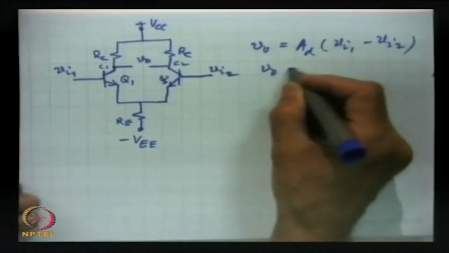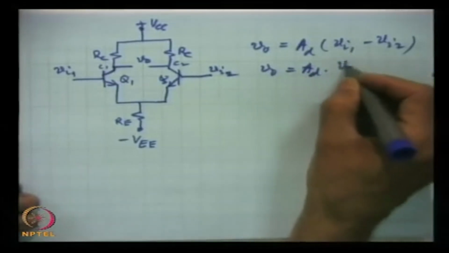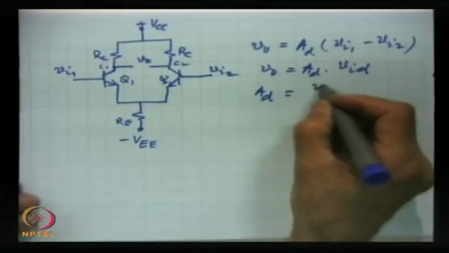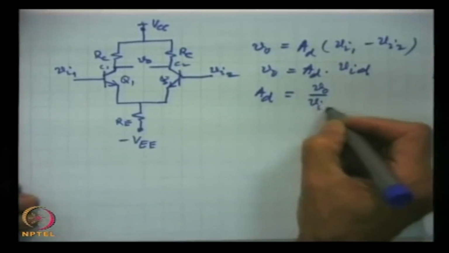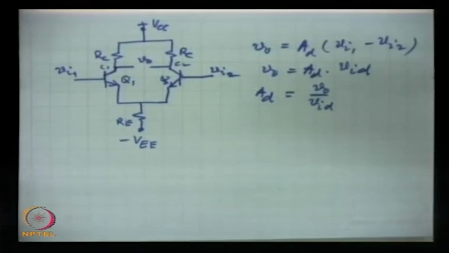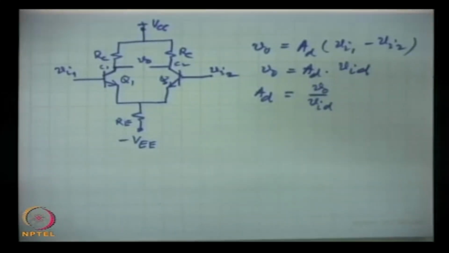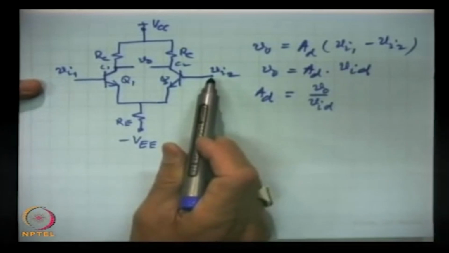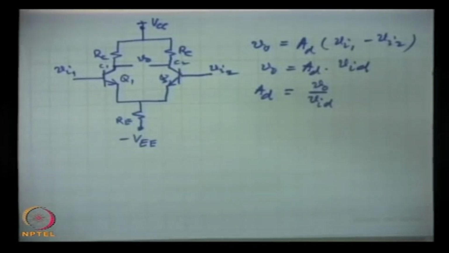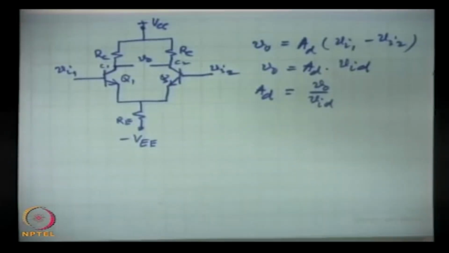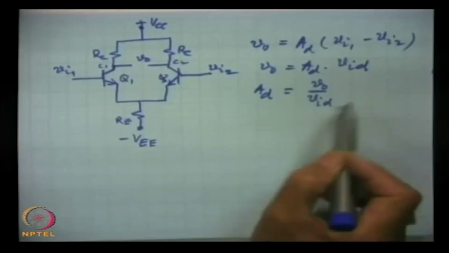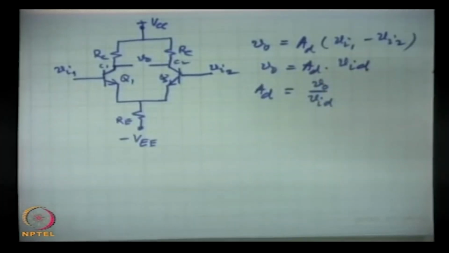So, Vo is Ad into Vid, and so we can measure Ad as V out by Vi difference. This is the way we can measure the differential gain. We apply two input signals slightly differing in magnitude by say 0.5 or 1 millivolt, we measure the output, and from this expression we can find the differential gain.